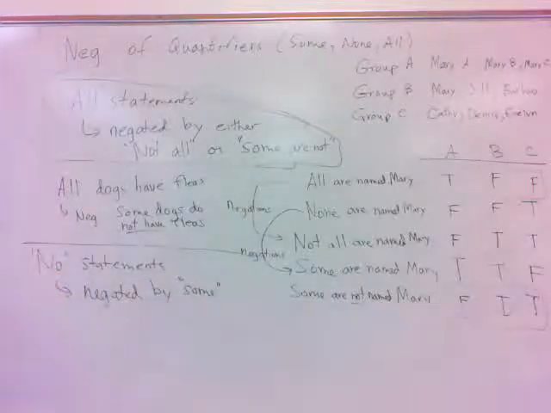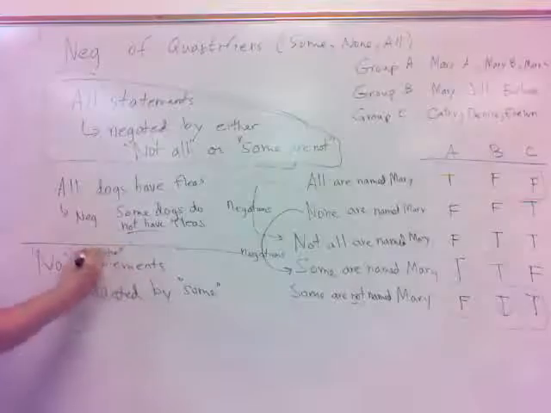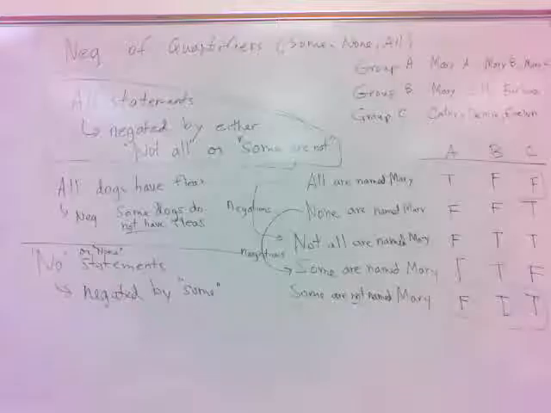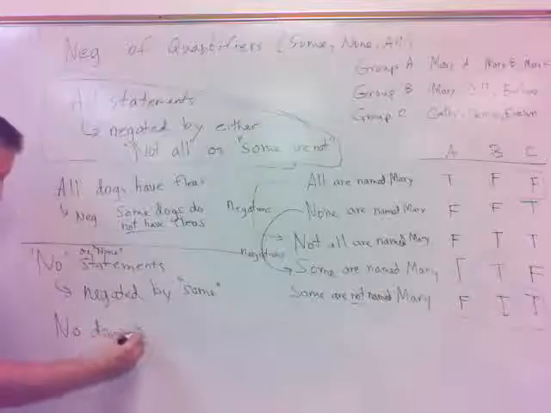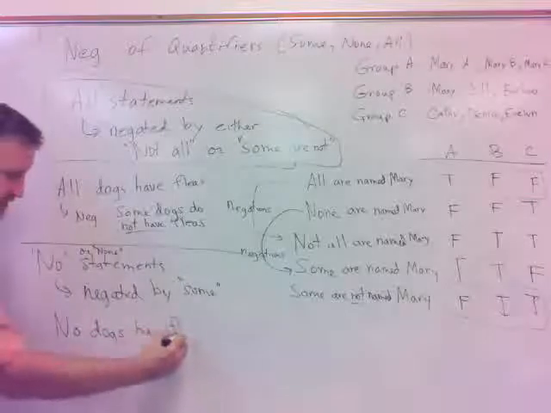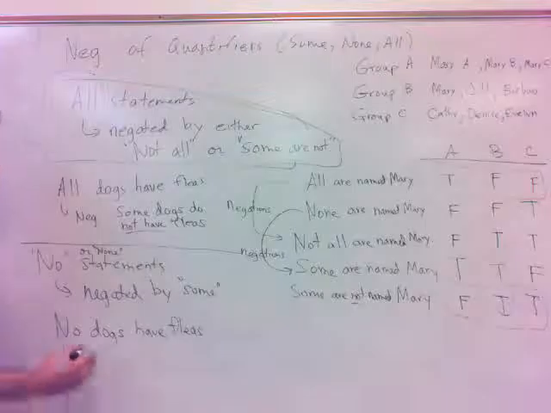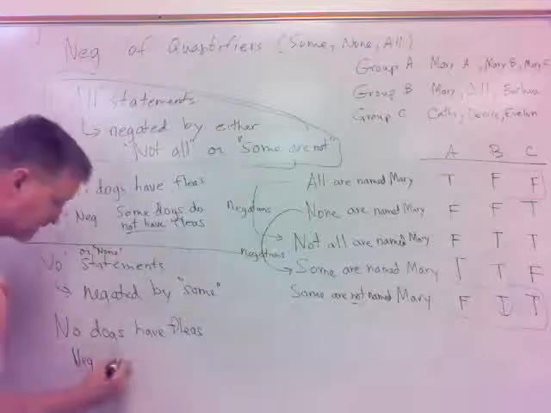"No" or "none," I should say. It depends on the phraseology there. If it's a "no" or a "none" statement, like "none of them are named Mary," or "no dogs have fleas." Let's just do that one. No dogs have fleas. What's the negation? "No" is negated by "some." Some dogs have fleas is the negation.